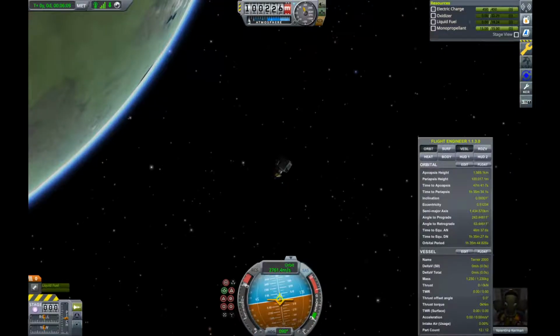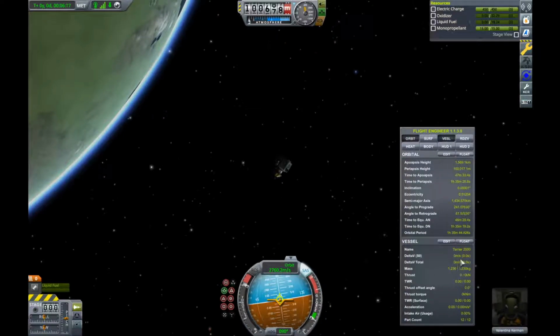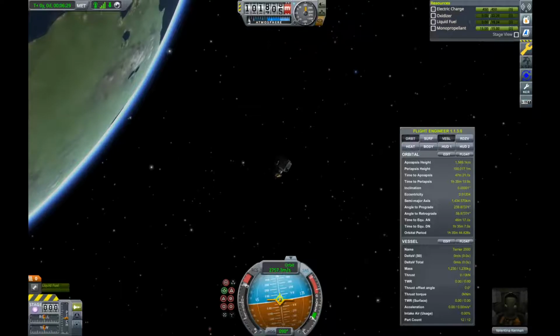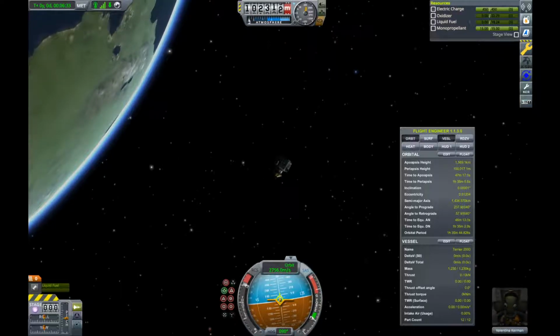As I was just recording this, I added up our previous orbital velocity and our delta V as provided by the flight engineer, and it came to 2,761. We're slowing down a little bit because it's an elliptical orbit, but we did hit exactly 2,761 meters per second.